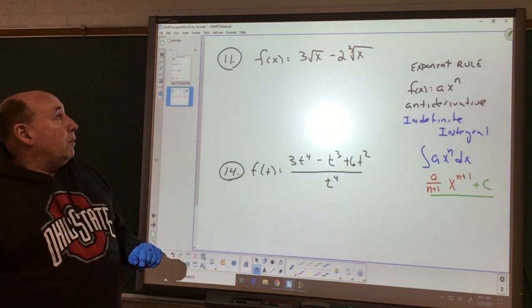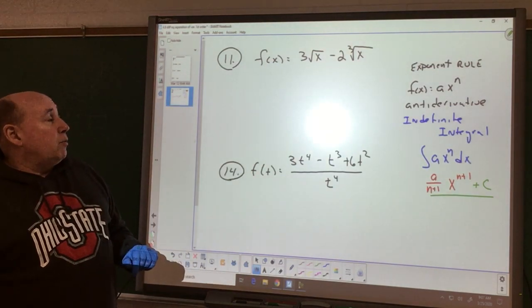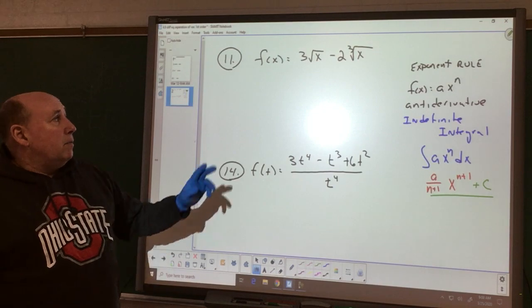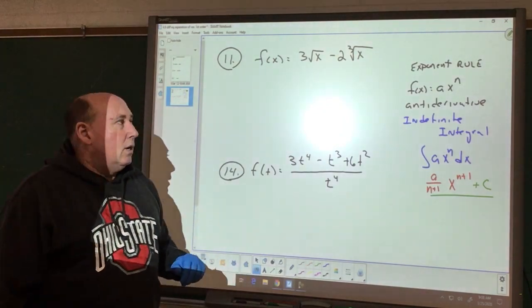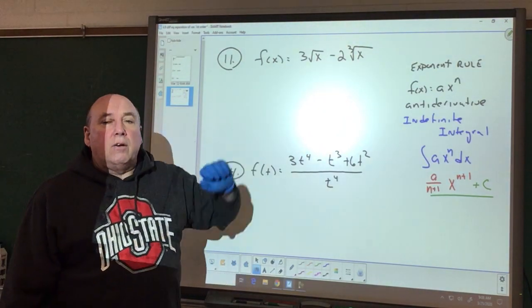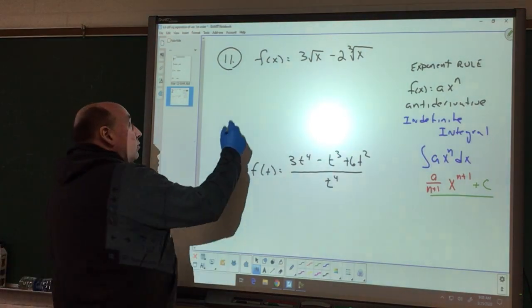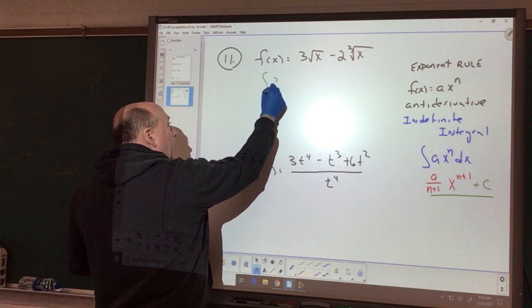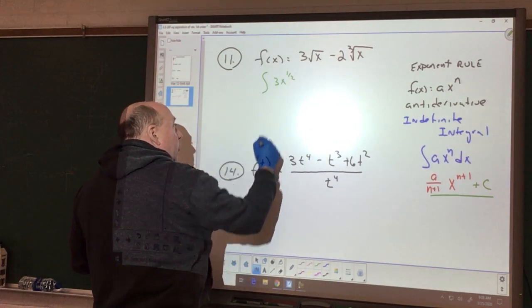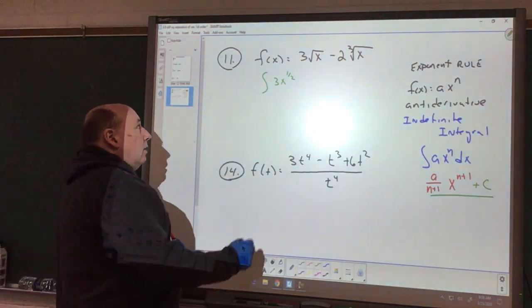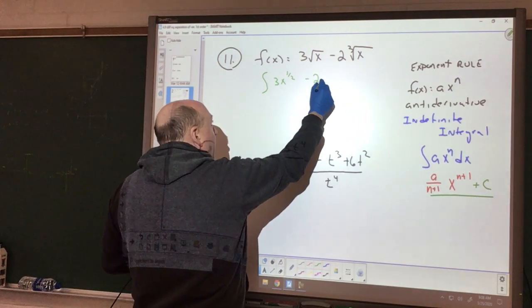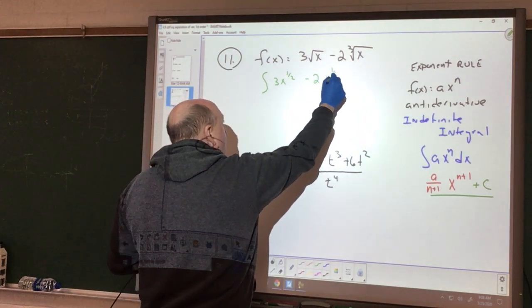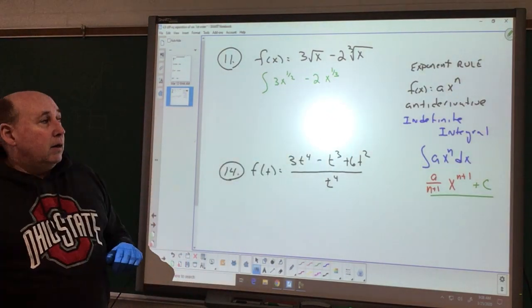We have problem number 11, f of x is equal to 3 square root of x minus 2 cube root of x. We need to get it out of the radical form into an exponential form. So we're going to take the antiderivative of 3x to the 1/2 power minus 2x to the 1/3 power.